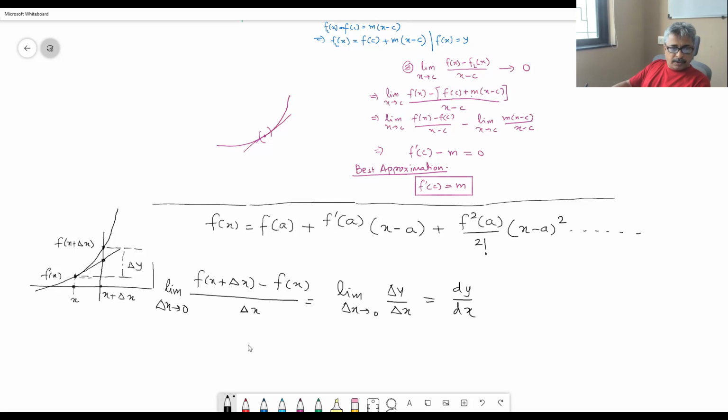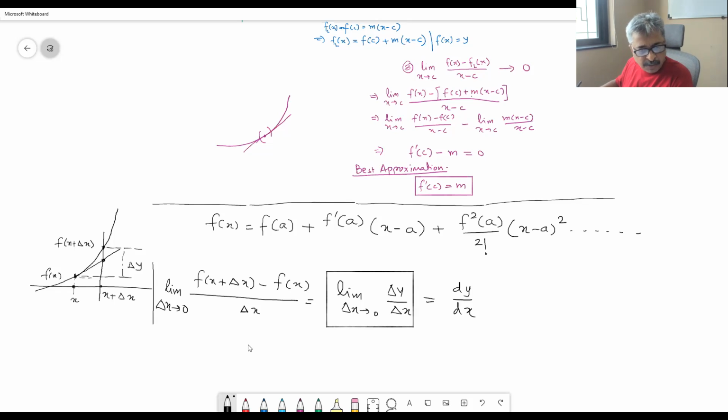It is very simple. f of x plus delta x, that is the value of the function at x plus delta x, minus f of x, the value of the function at x, divided by x plus delta x minus x, that is delta x. That is our definition of the differential coefficient, delta y upon delta x as delta x tends to 0, which is this in this case.